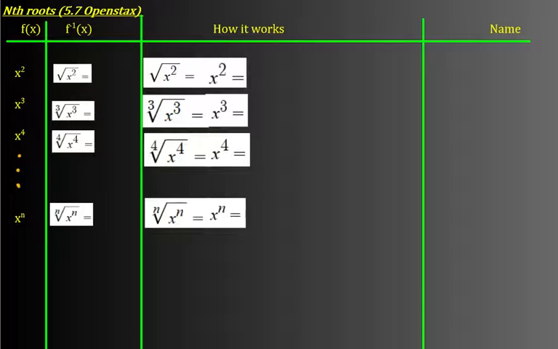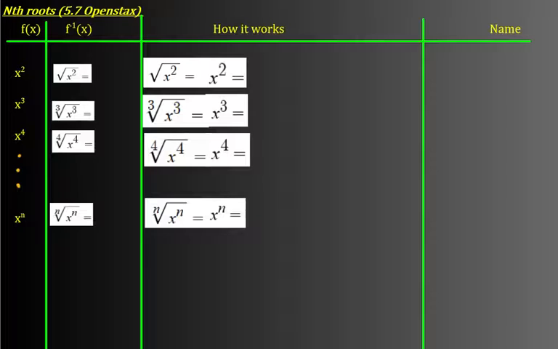Even ones are not going to work as well as odd ones, okay? If you ever do a square root of x squared, or a 4th root of x to the 4th, or a 6th root of x to the 6th, any of those even ones, you need to fix it with the absolute value thing, okay?